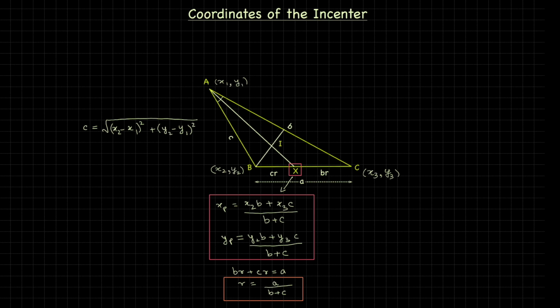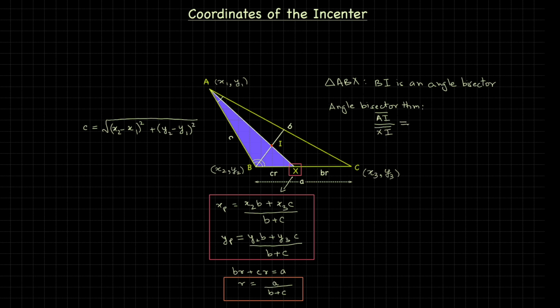To find the incenter, first we're going to draw a second angle bisector from vertex B. The intersection point of this bisector with AX is the incenter I. Consider the highlighted triangle ABX. For this triangle, BI is an angle bisector and point I lies on the side AX. So we can use the angle bisector theorem on triangle ABX to find the ratio of the lengths of the segments AI and IX.